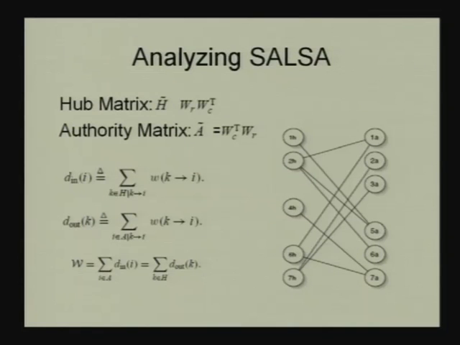What is important is, how is it different from the original HITS algorithm? In the original HITS algorithm you also had a hub and authority matrix. What's the difference? Instead of W W transpose, now you have WR WC transpose, and instead of W transpose W you have WC transpose WR. So basically W is represented by WR and WC depending on the case you are looking at.